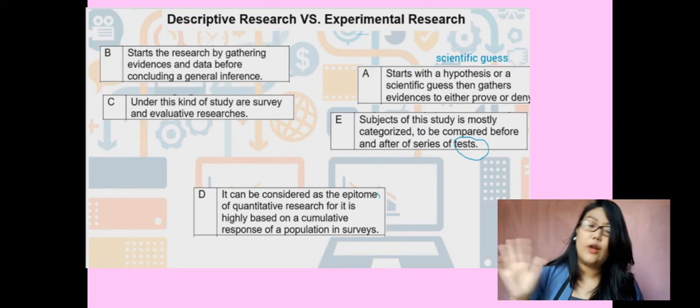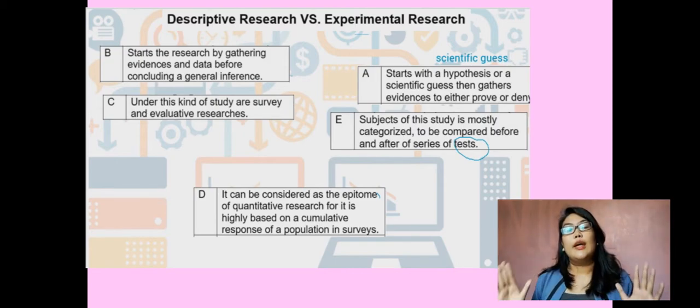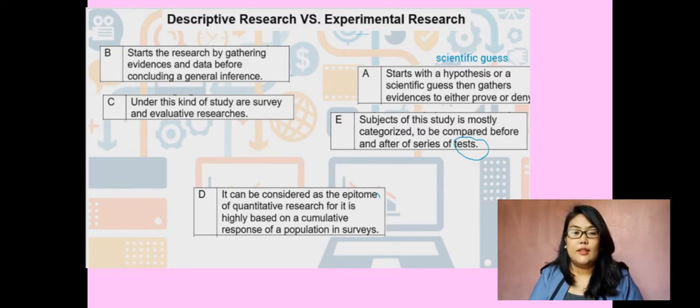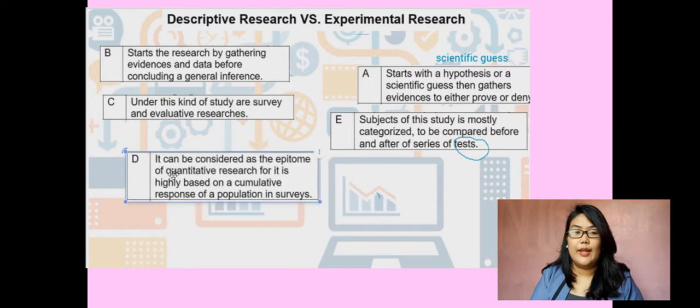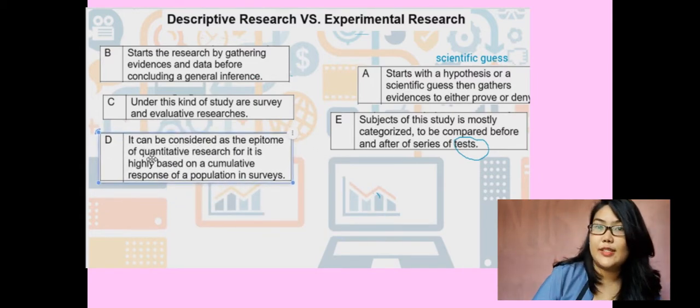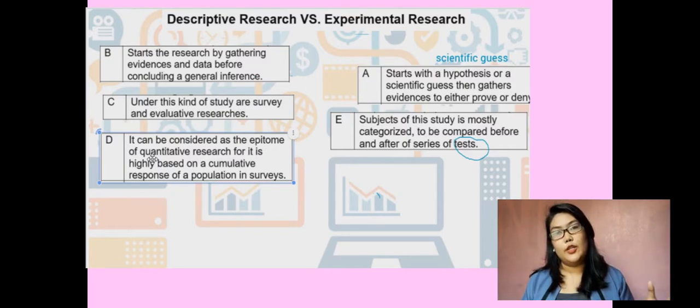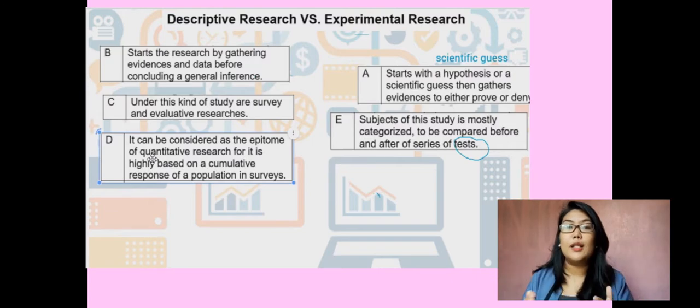Okay, majority ha, commonly. Mostly, it will pertain to that kind of research. And what could that be? Alright, that is descriptive research. Okay, so lahat yan, yung mga surveys, when you are summarizing responses, pulses, okay, those are descriptive research.